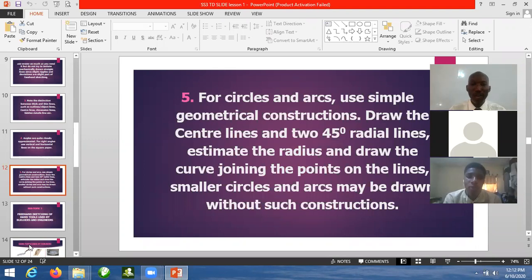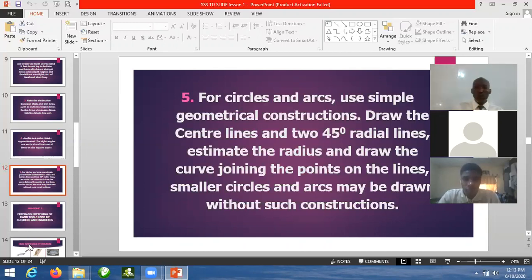All right. Number 5 now, it says for circles and arcs, when you are to use freehand sketching to draw a circle and arc, use simple geometrical construction. Draw a center line. You know how a center line is, right? Yes, sir. All right. Then draw two 45-degree radial lines. Then join those radial lines.